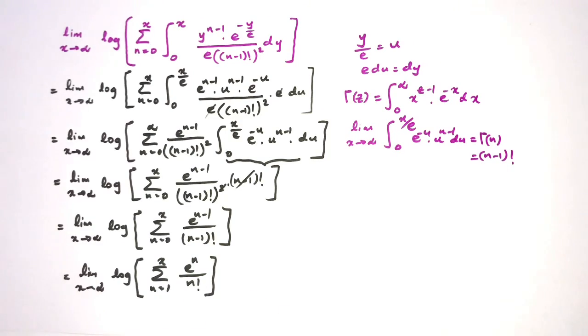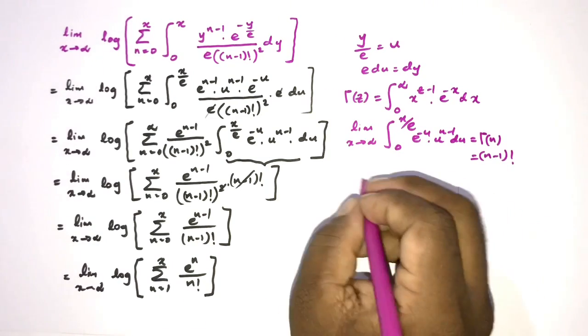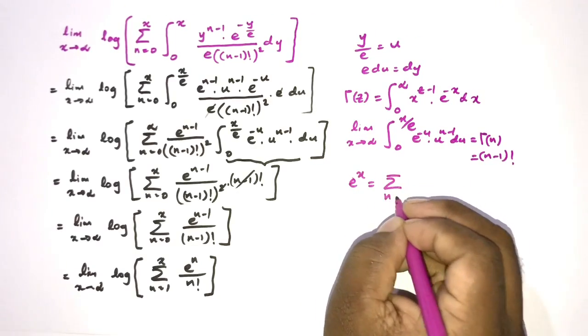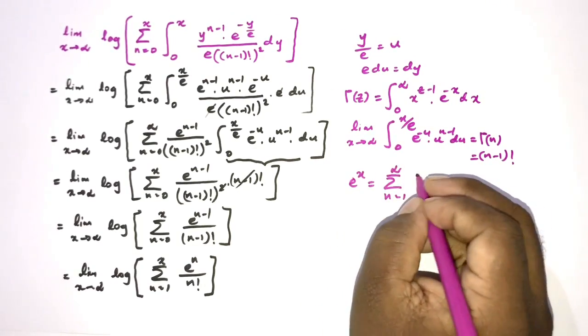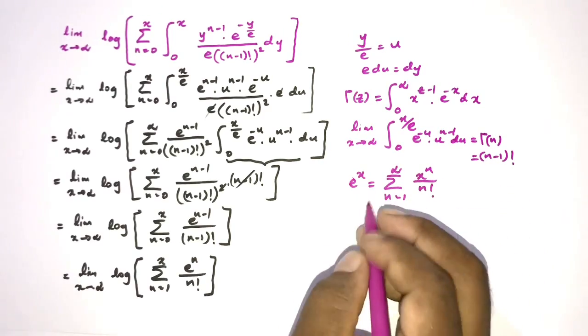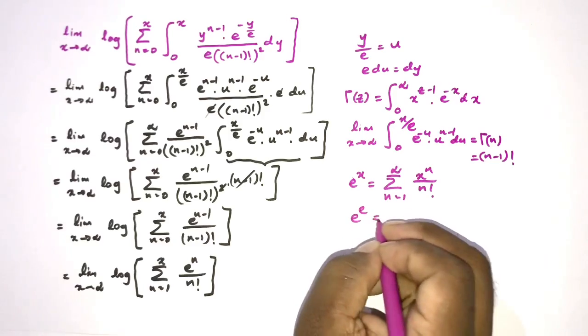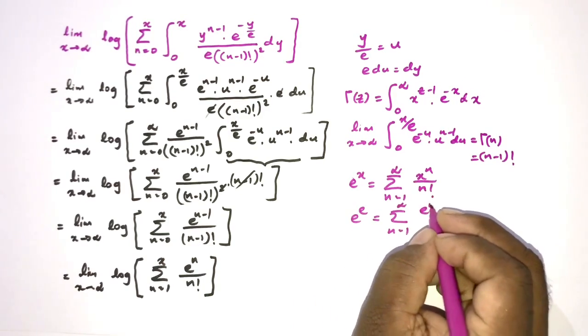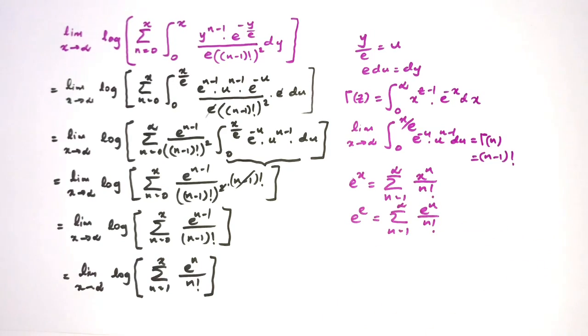Then we know the power series of e to the x. This is equal to the infinite sum from n equals 1 to infinity of x to the n over n factorial. Now instead of x, if we plug in e, we have the sum from n equals 1 to infinity of e to the n over n factorial.